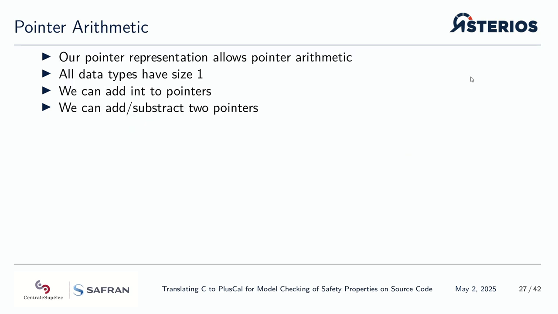Also, our pointer representation of variables allows us to do some pointer arithmetic. It is also convenient because, as I said, we represent arrays with sequences and structures with records, so all the data types in the stacks will have a size of 1. It is convenient for pointer arithmetic because we don't have to bother about the size of the data. So we can add integers to pointers, or we can add or subtract two pointers with each other.